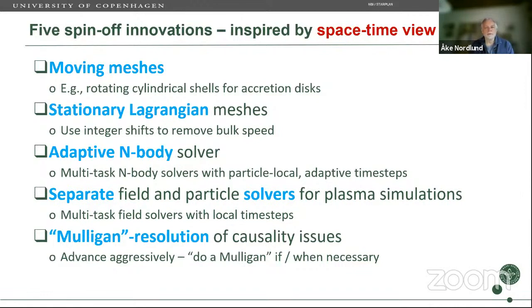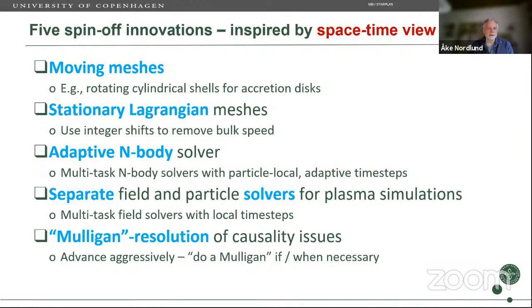However, because you have this space-time view and you have snapshots, these time slices, you can make very precise predictions of where the particle will be in the next time step. If you then choose the location to be half a time step forward in time, you can make the update time reflective. And that's what's needed in a symplectic solver. So then you can make it adaptive.